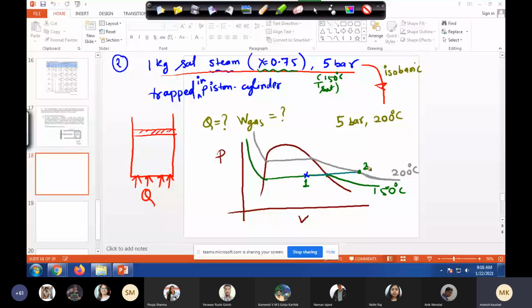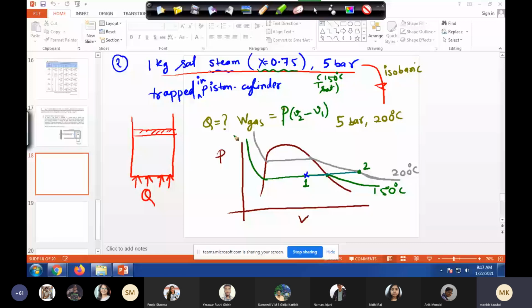Regarding work done, it's very simple: the area under this curve, where pressure is constant, is P(V2 minus V1). This should be equal to P times the specific volume at stage 2 minus V1, because we calculate work done per kg, in kilojoule per kg.